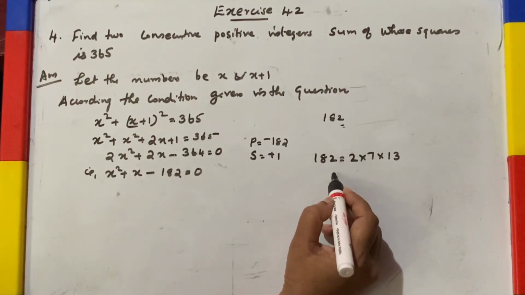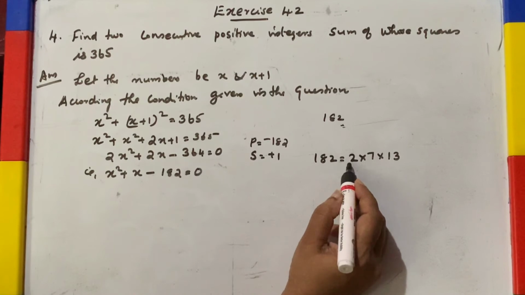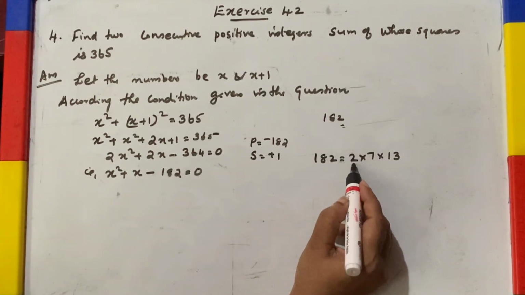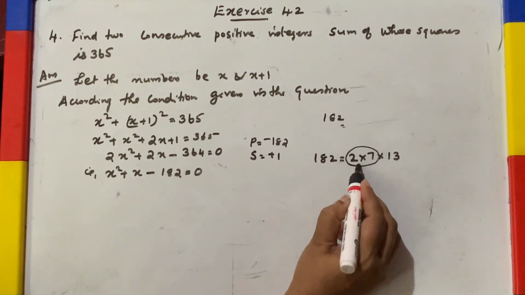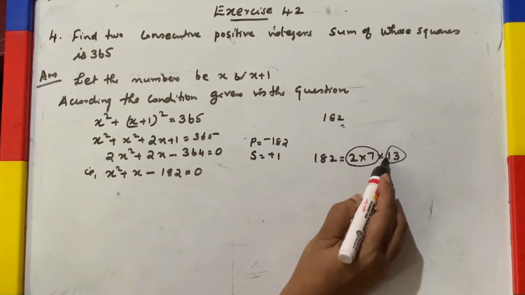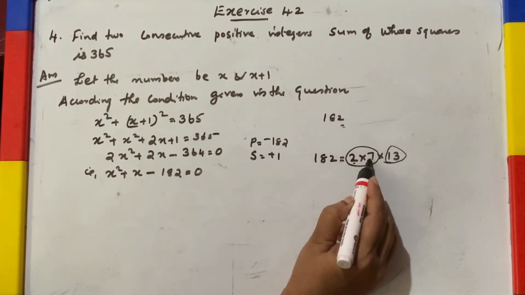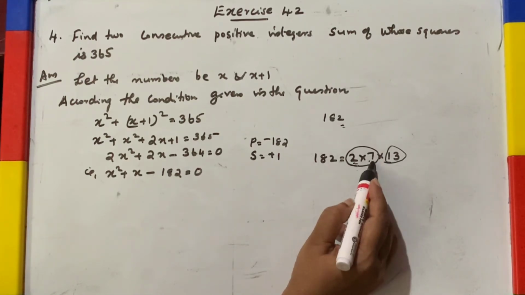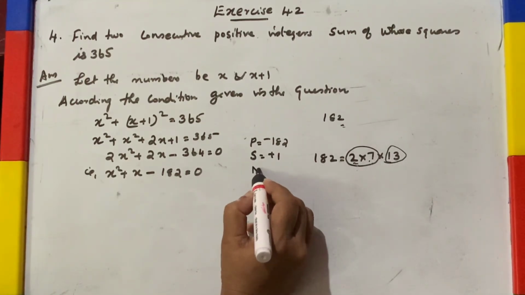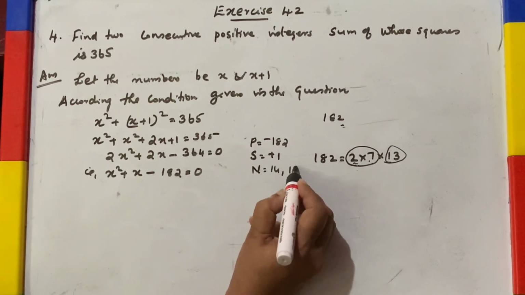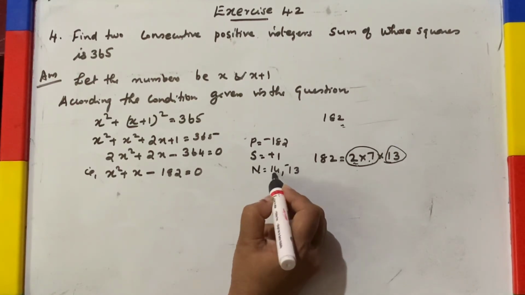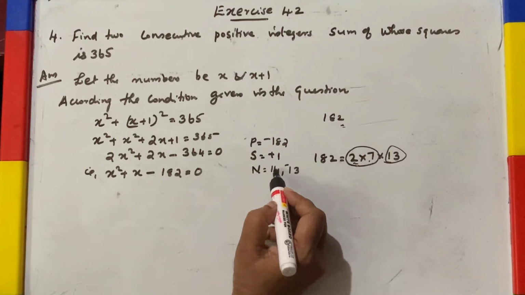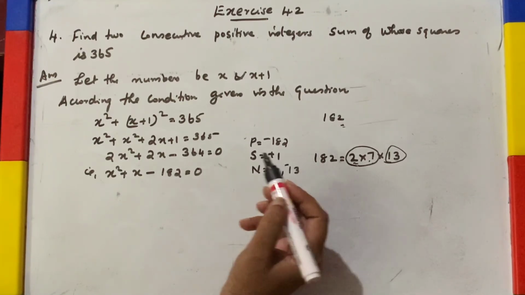See, again the sum should be plus 1, so you can take plus 14 and minus 13. When you add these two numbers, you will get the sum plus 1 and the product minus 182.